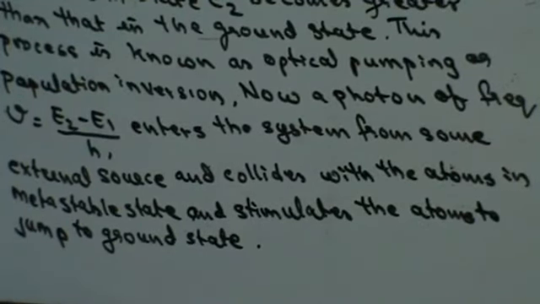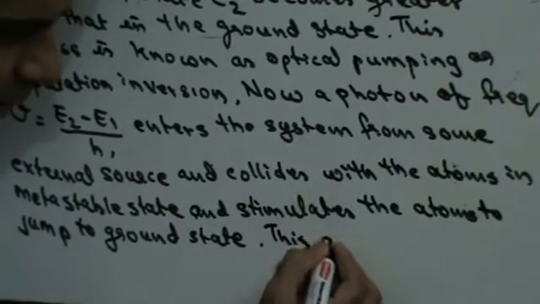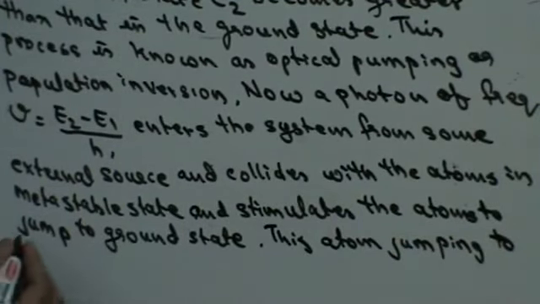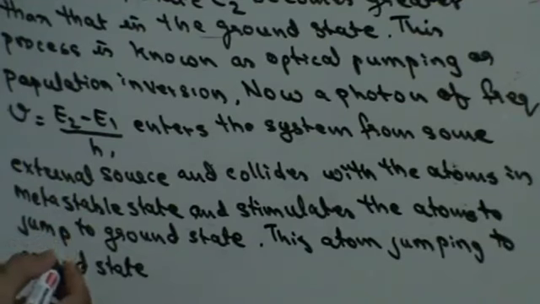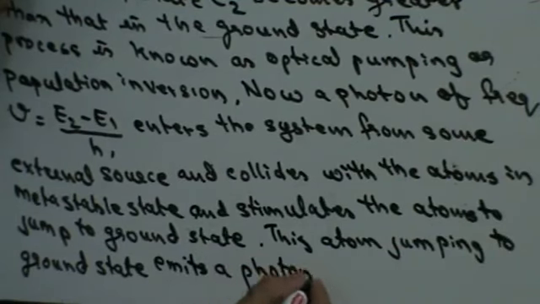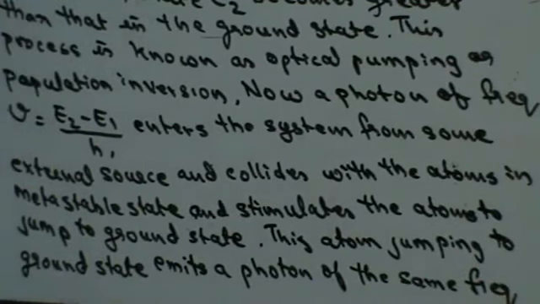This atom jumping to the ground state emits a photon of the same frequency, that is, E2 minus E1 upon h, as the incident photon.